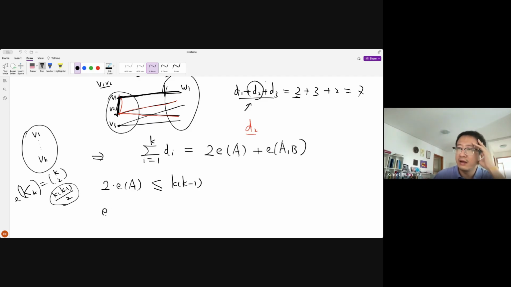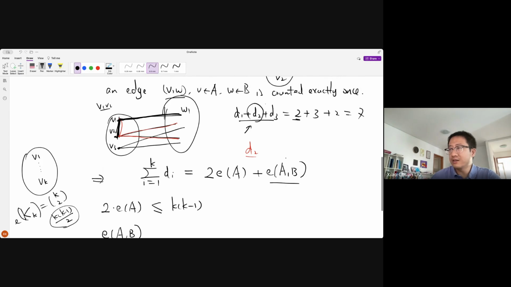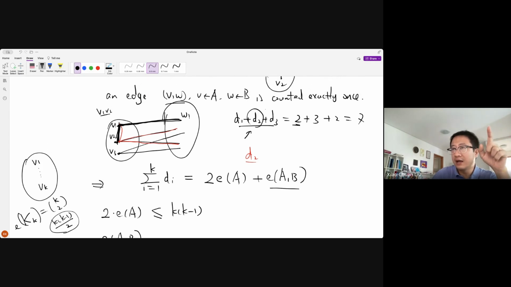Now we are looking at E(A,B). Now double counting again. To obtain this expression, I counted all the edges from A to B. It's the same expression if I count the number of edges from B to A. It means all the edges between them.